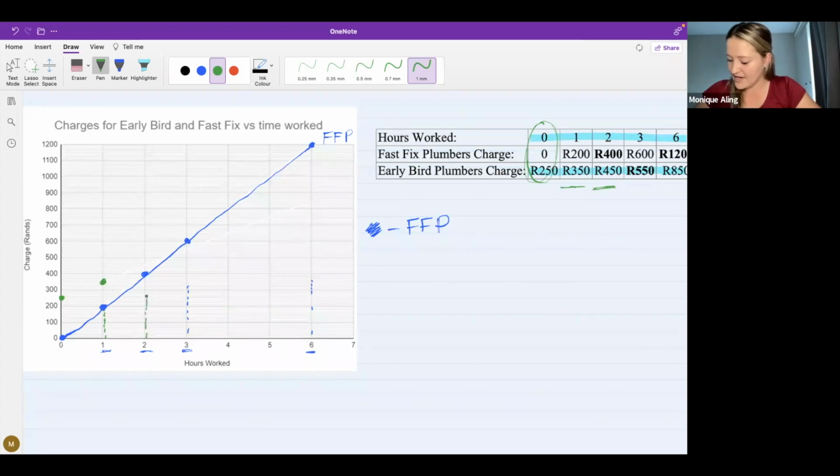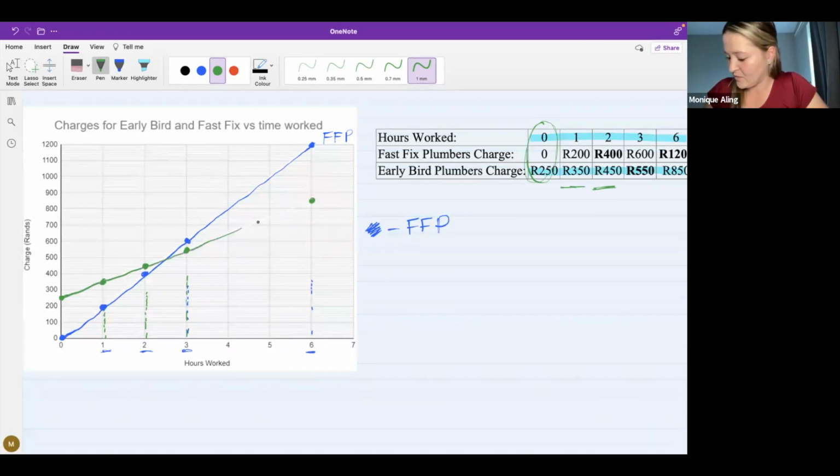So we follow the line until we get to 450, which is in the middle there. 550 in 3 hours. So 3 hours until we get to 550, which is over here in the middle. And then our last point is 6 hours and 850, which is over there.